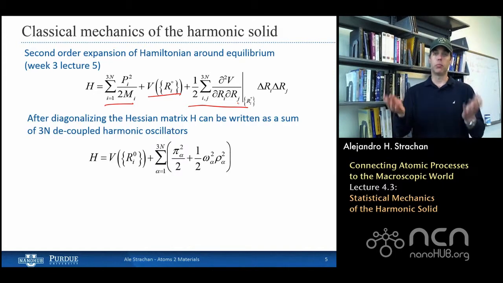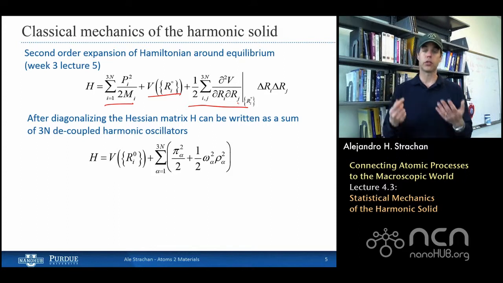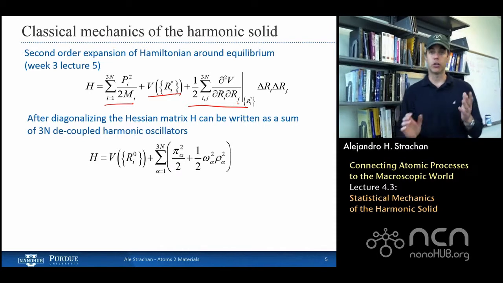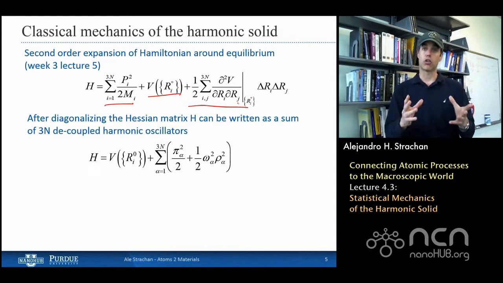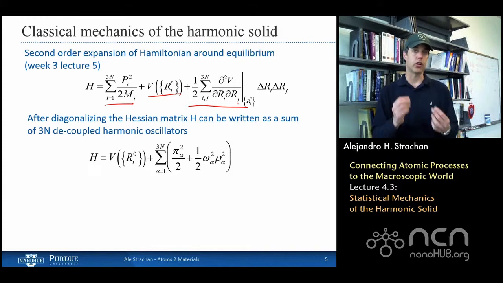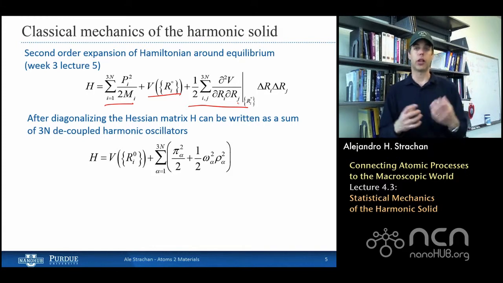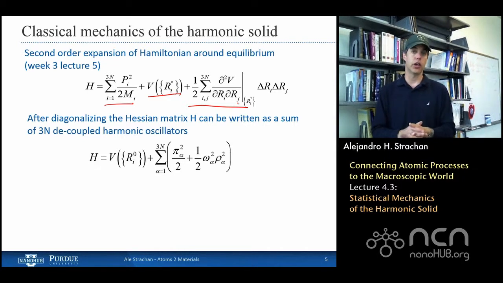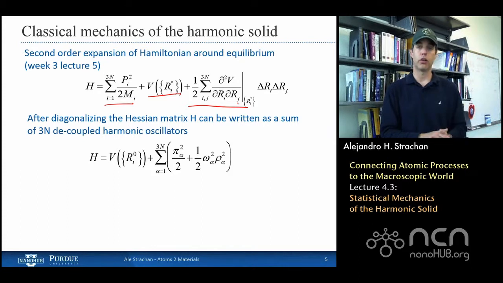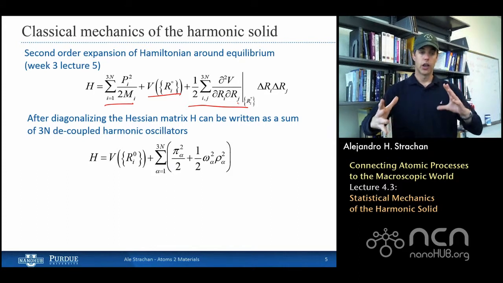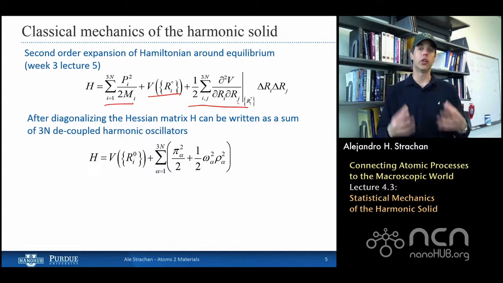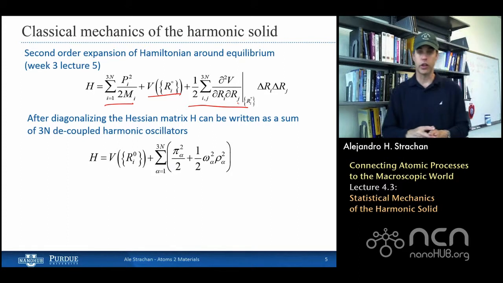What we learned is that I can build a matrix called the Hessian matrix, and I can diagonalize this matrix. By doing that, I learn that I can describe the system as a set of decoupled, independent harmonic oscillators. The frequencies of these harmonic oscillators are the eigenvalues of the Hessian matrix, and the atomic displacements that correspond to this set of independent harmonic oscillators are the eigenvectors of the Hessian matrix.